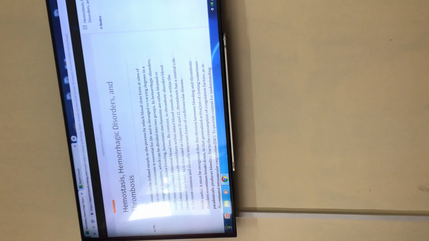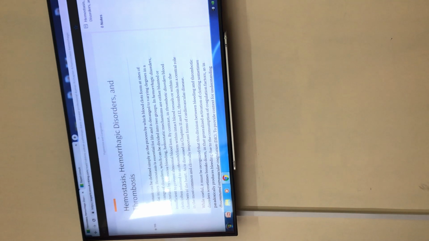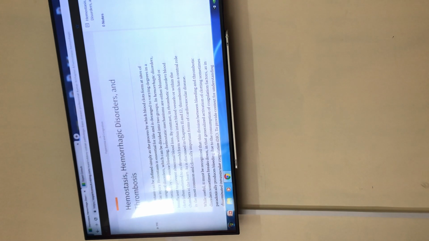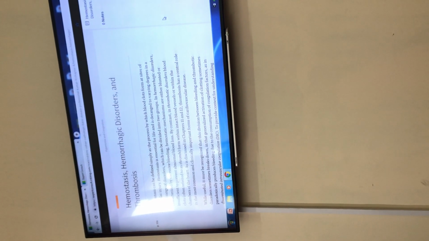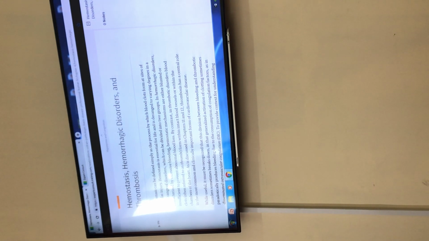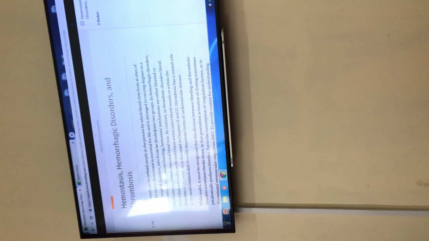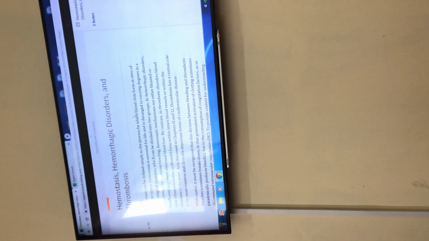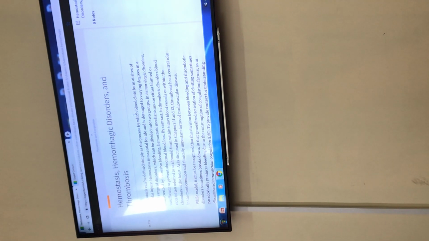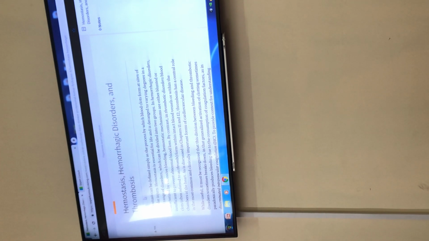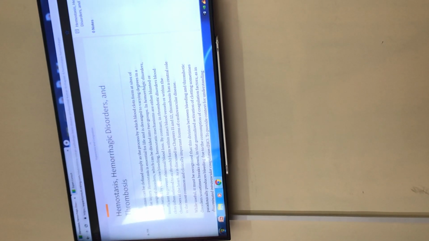But if there is a problem in any of these, including platelets, if we have a low number of platelets or dysfunctioning platelets, or if we have an abnormal, weak vessel wall, or if we have low coagulation factors such as factor VIII, which causes hemophilia A, then any of these factors that are important for normal hemostasis will cause bleeding disorders or coagulation disorders.